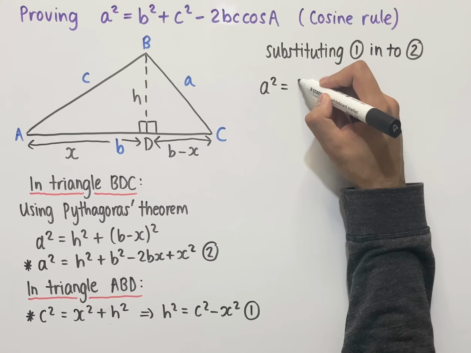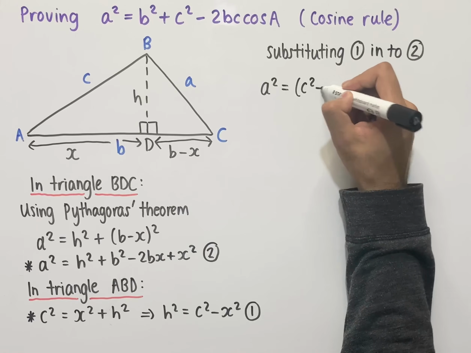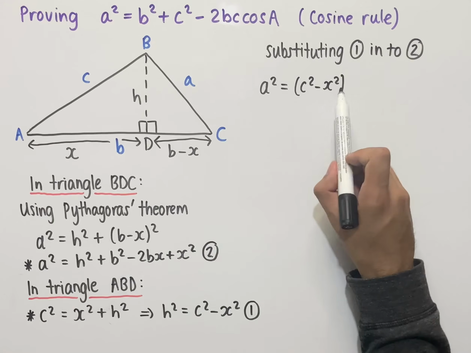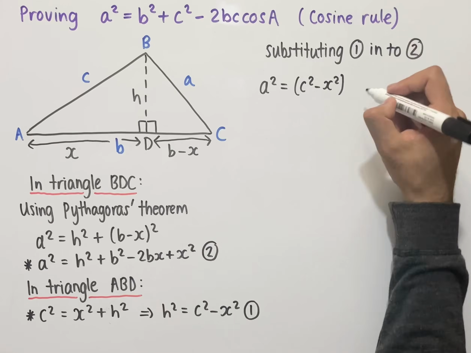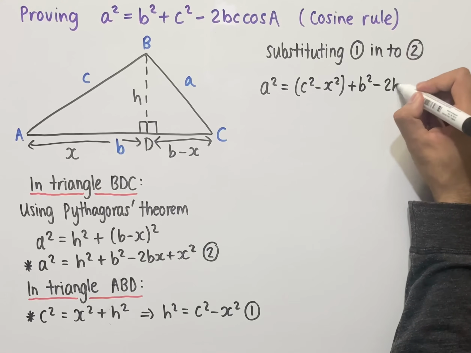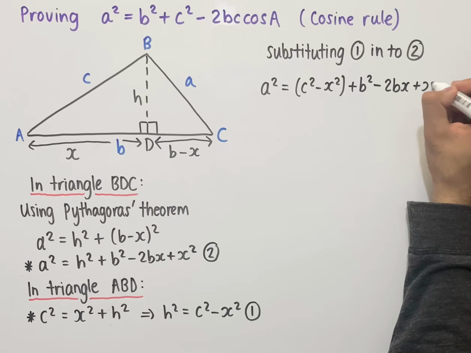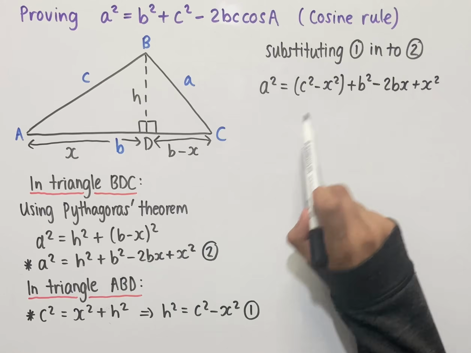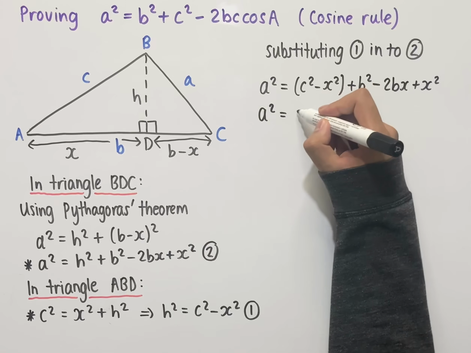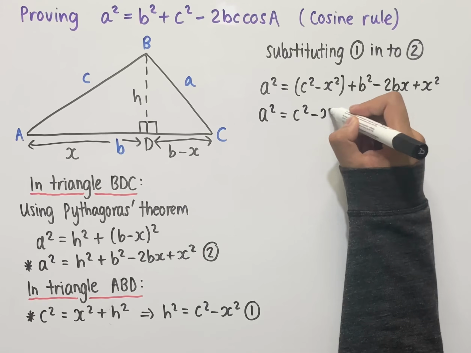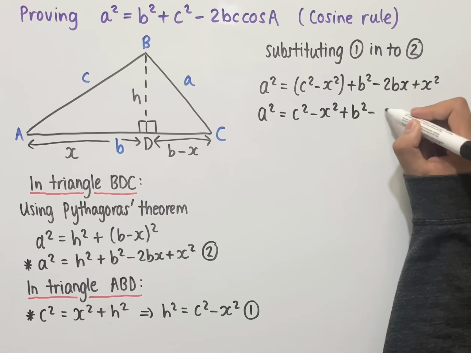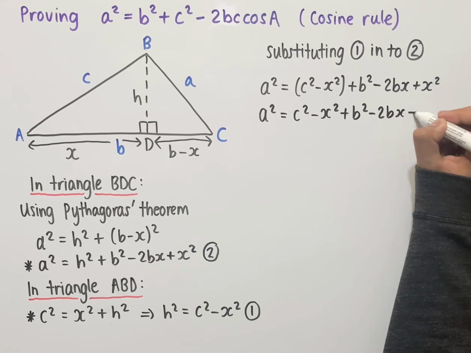So we have c squared minus x squared, which is our substitution, and so we've written that in brackets, plus b squared minus 2bx plus x squared. In this case, the brackets don't make a difference, so we can get rid of those, and so we have a squared equals c squared minus x squared plus b squared minus 2bx plus x squared.